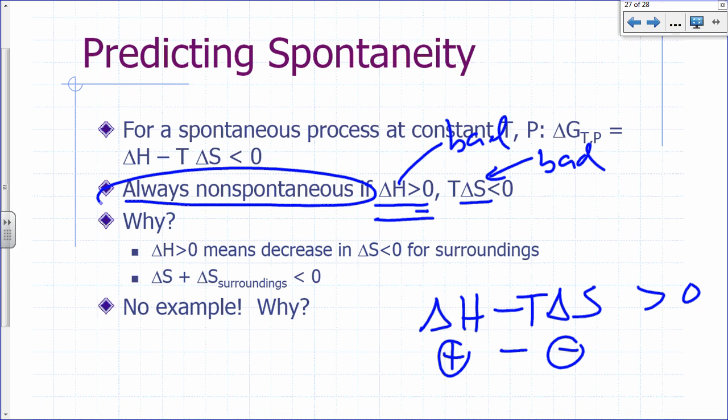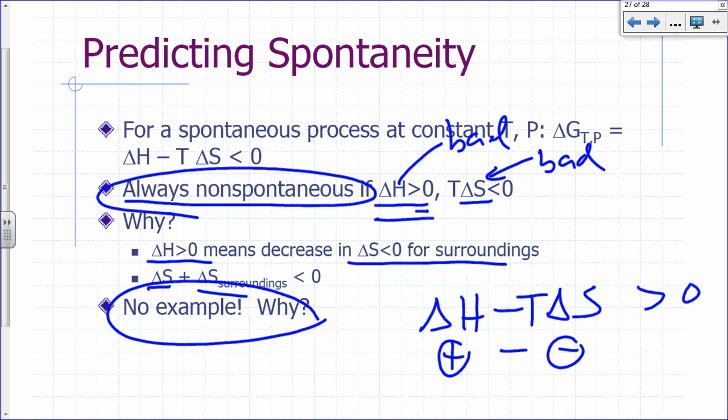So this process will always be non-spontaneous. Delta H positive means delta S would be negative for the surroundings. So the system has a negative delta S, the surroundings have a negative delta S, and the overall delta S for the universe is negative. So this will always be non-spontaneous. I can't give an example, because it's a non-spontaneous process, an impossible process. Okay? All right, so that's the end of that.